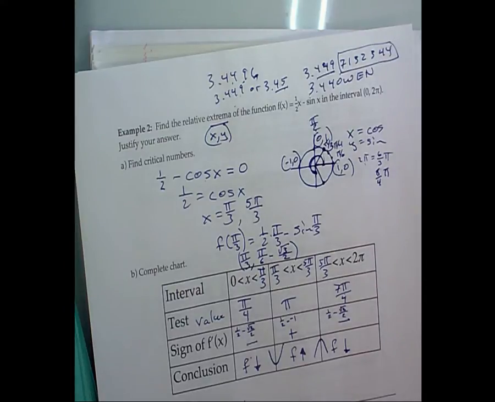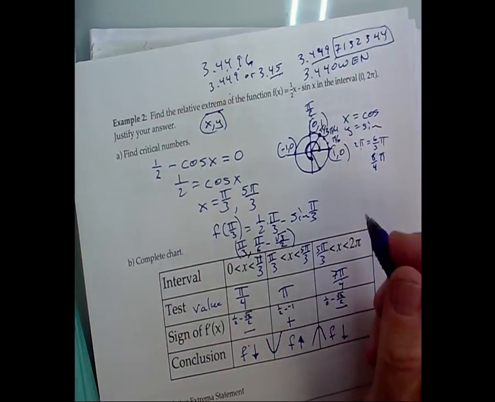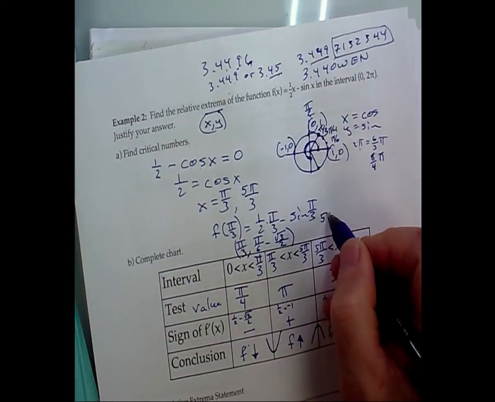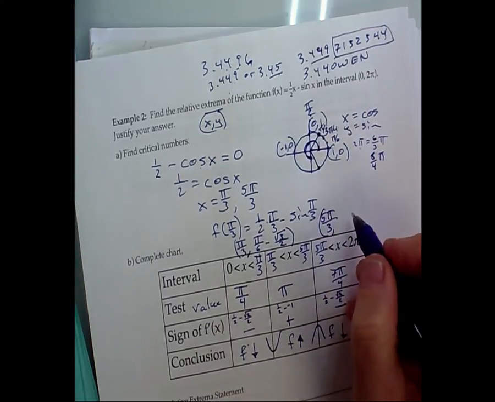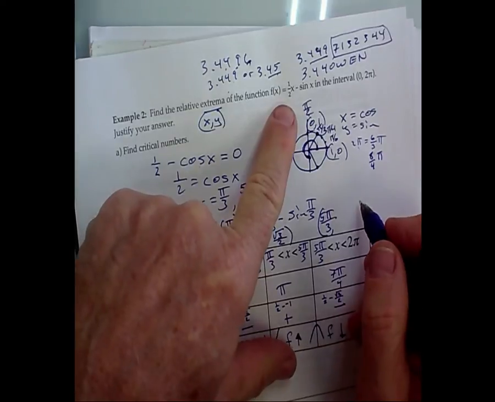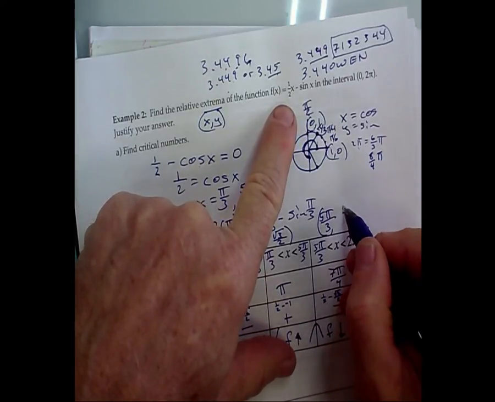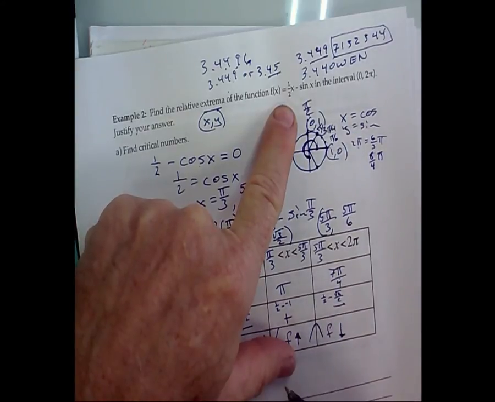Alrighty. So on the next one we have 5 pi over 3. I'm going to plug it into my function, which is right here. Do you see where I get 5 pi over 6? Because if I take 5 pi over 3 times 1/2, I get 5 pi over 6. Does everybody see that?